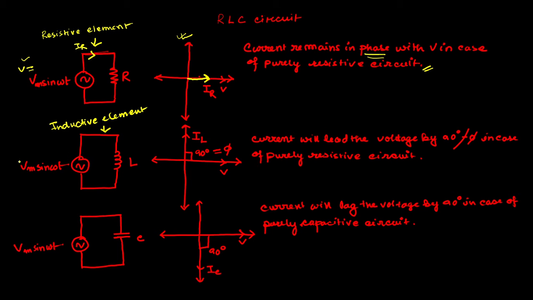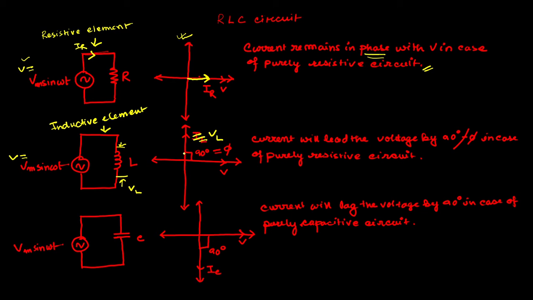In this inductive circuit, this is also the voltage source V, which is represented as Vm sin omega t, and this is the inductive element L, right? So here we are representing it as voltage, so this is wrong. We can say this is VL, or the voltage drop across the inductor L, right?